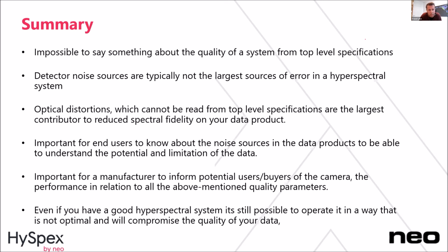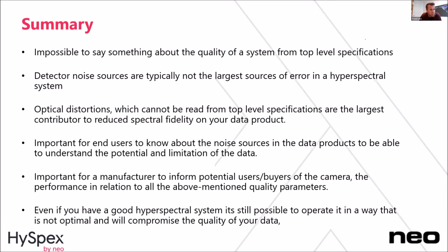Optical distortion, which cannot be read from the datasheet, is the largest contribution to reduced spectral fidelity in your data product. And it's important for end users, the people that are working on the data, right, to know about these noise sources in the data, because then they can understand better the potential and limitations of the data product.